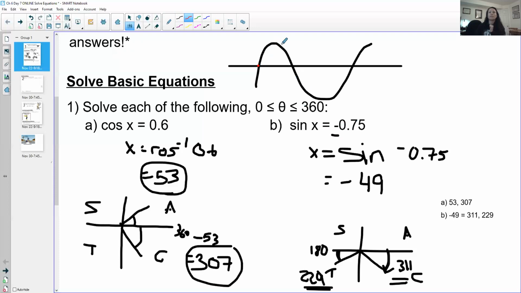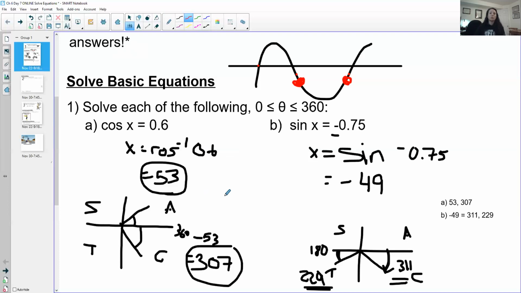It has positive values, and then it crosses the x-axis and has a negative value here and here. I guess they'd be lower, but there would be a negative 0.75 around here and a negative 0.75 around here. So it makes sense that we actually get two answers.